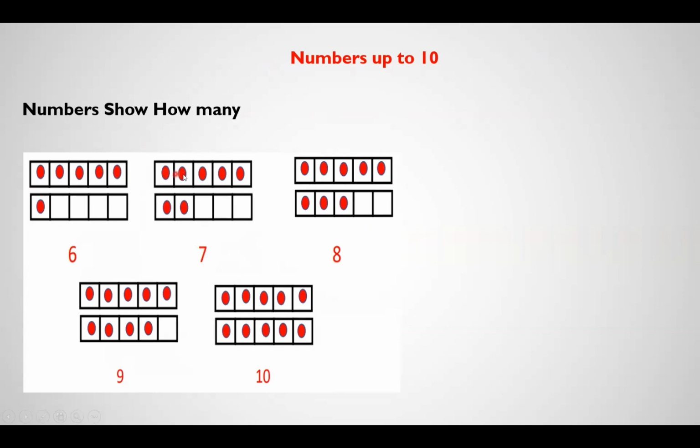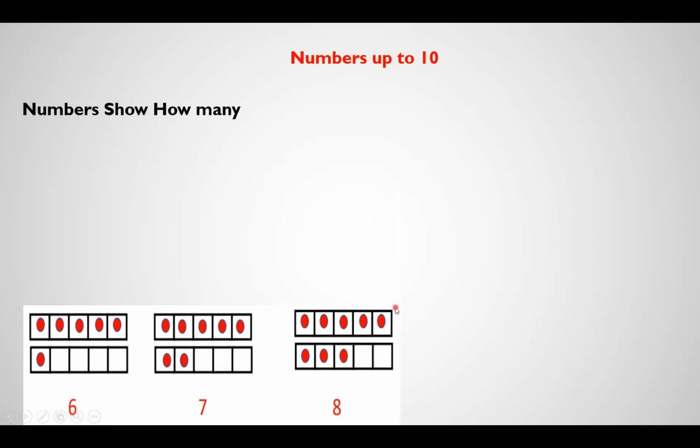It means the first 5 frame is completed, and here we have 6, 7. So they are 7. In 8, we have the whole 5 up, then after the 5, we have 6, 7, 8. Then we have 9, and the last one, we have 10. The 5 frame up is completed, and the second 5 frame, which is down, is also completed. So all of them equal 10.